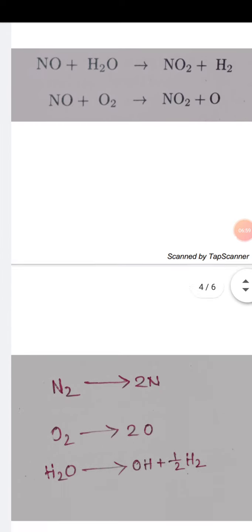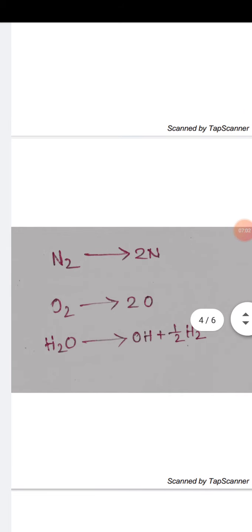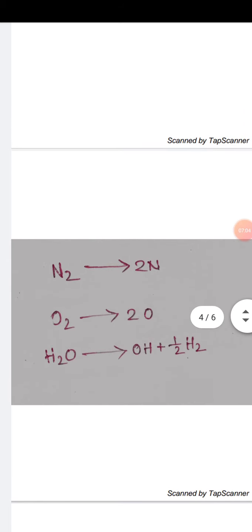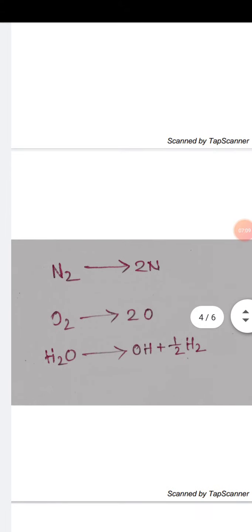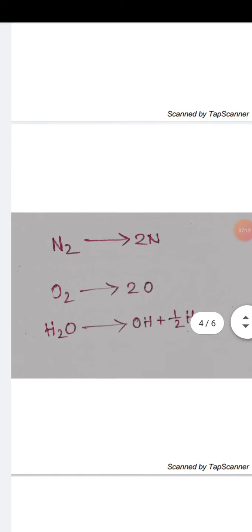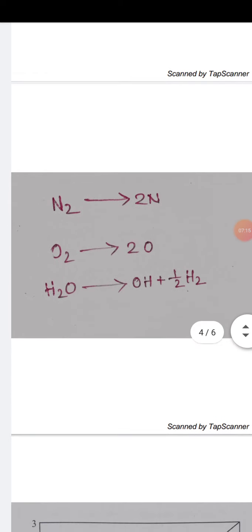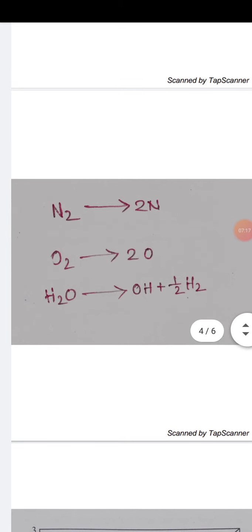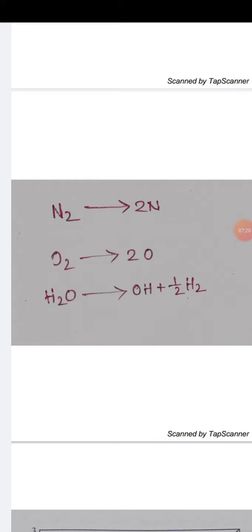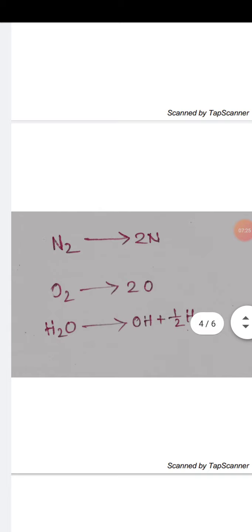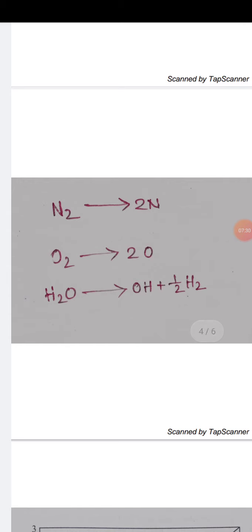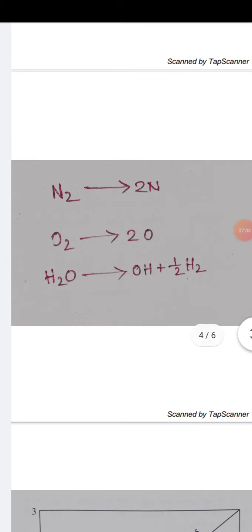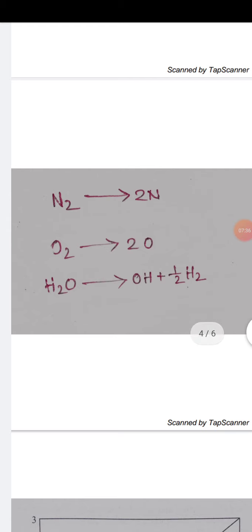You can see the reaction: diatomic nitrogen breaks down and creates two monoatomic nitrogens. The chemical equilibrium constant of this reaction is highly dependent on temperature.